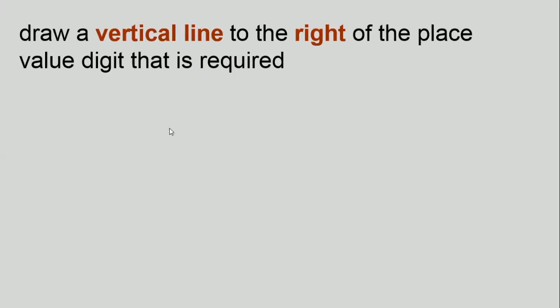Now draw a vertical line to the right of the place value digit that is required. Suppose we are rounding to one decimal place. After the first decimal place, I draw a vertical line.